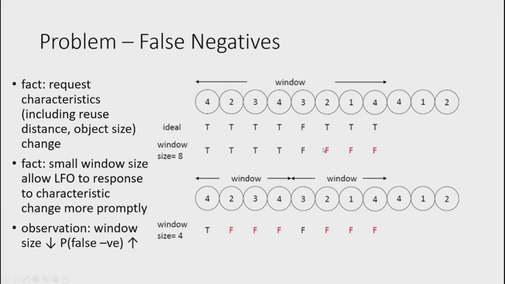It is reasonable to not cache them. However, in the ideal case, what I mean by ideal is that we know what the future holds. In that case, we would have cached these 3 since they are going to be accessed really soon. So these 3 negatives are false negatives.